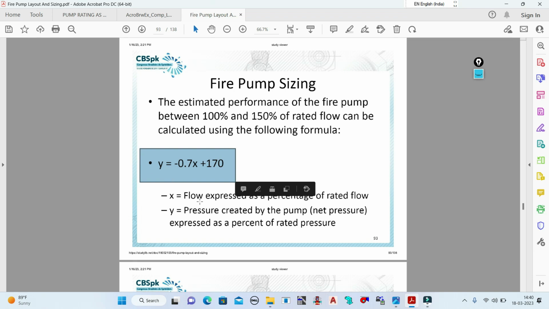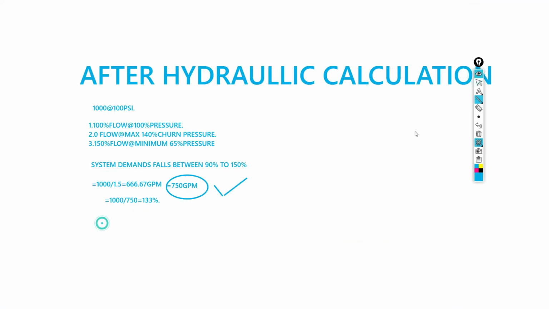Here you can read: pressure created by the pump in percentage, y = minus 0.7x plus 170. This is the formula. X represents the percentage of the demand.